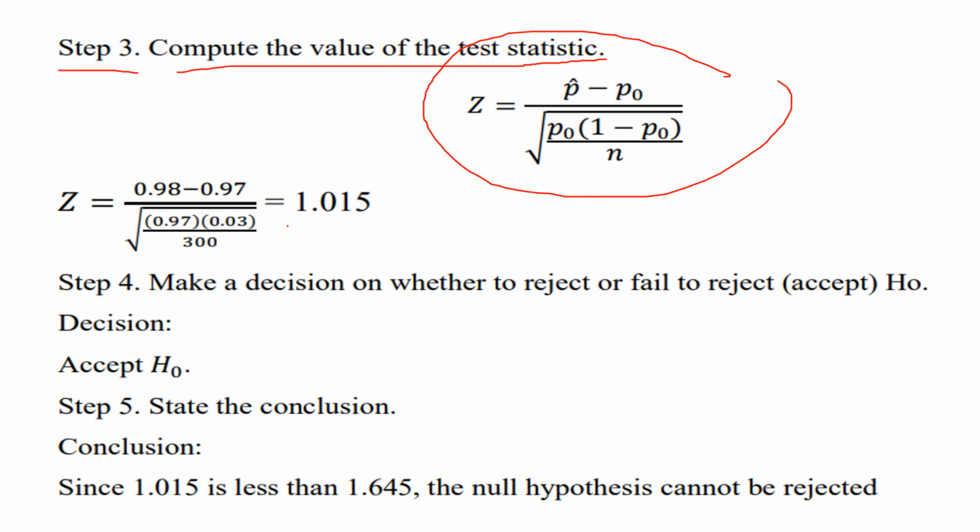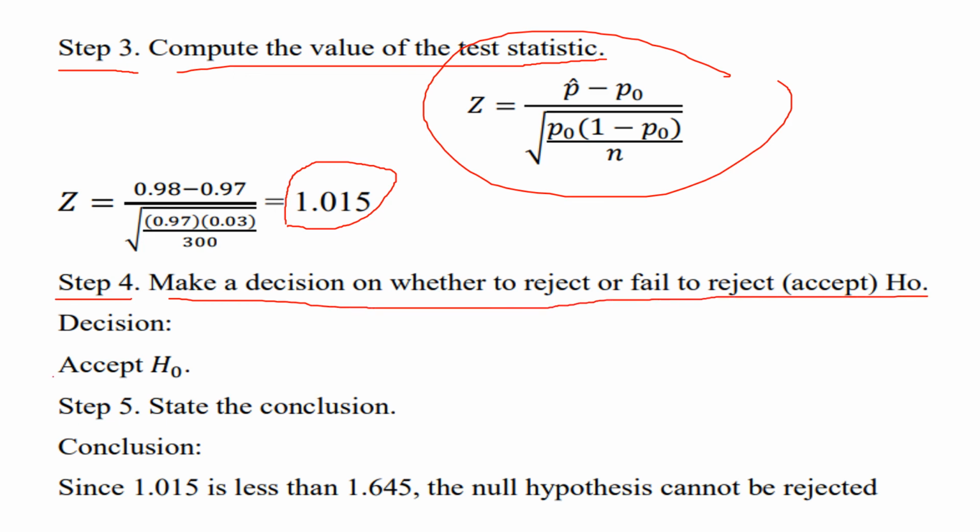The resulting Z value is 1.015, and we're going to compare this 1.015 to 1.645, based on the critical values for a two-tailed test with respect to your level of significance, which is equal to 0.05.